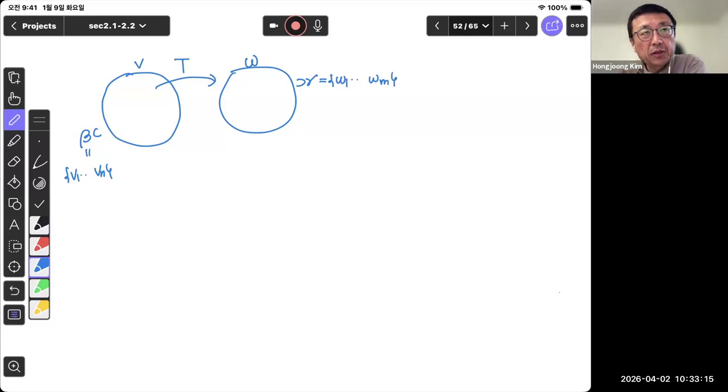So V is an n-dimensional space and W is an m-dimensional space. In that situation, we want to find A. So how do you find A?